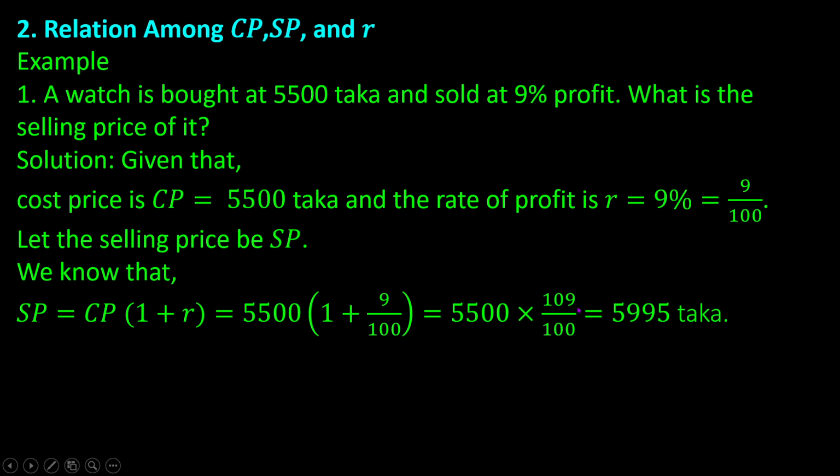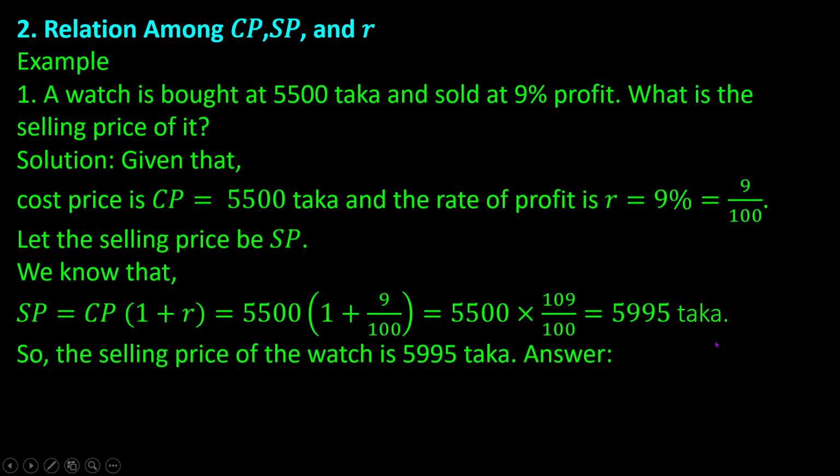Adding 1 with 9 by 100, we get 109 by 100. Now doing the calculation, we find 5,995 taka. So the selling price of the watch is 5,995 taka.